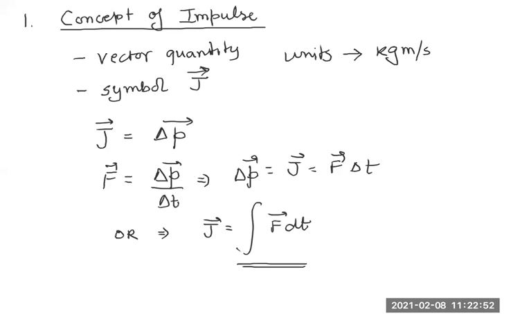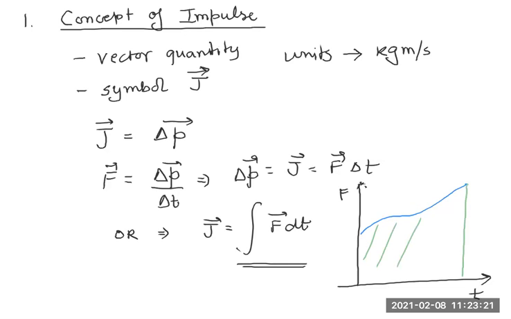So this means that if I were to draw a curve between F and T, then the area under the curve would be equal to the impulse on the object. So area is equal to impulse.